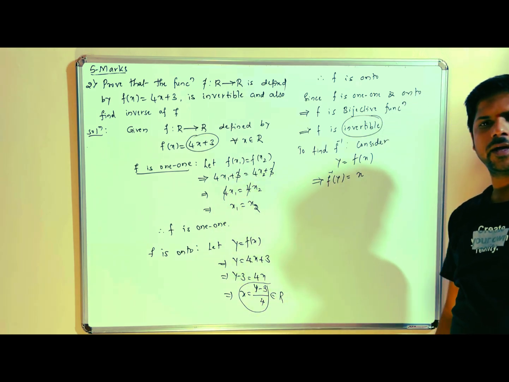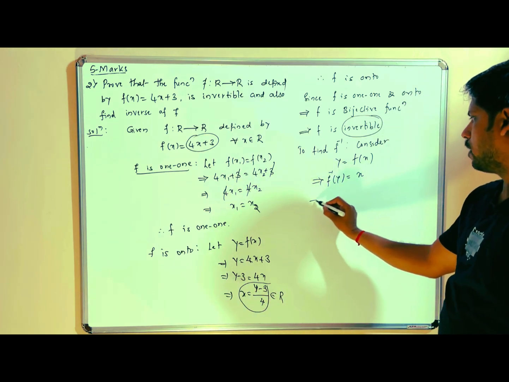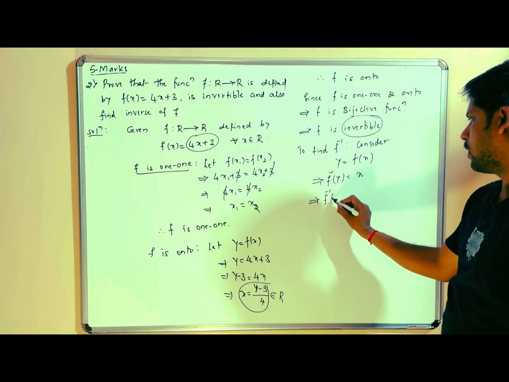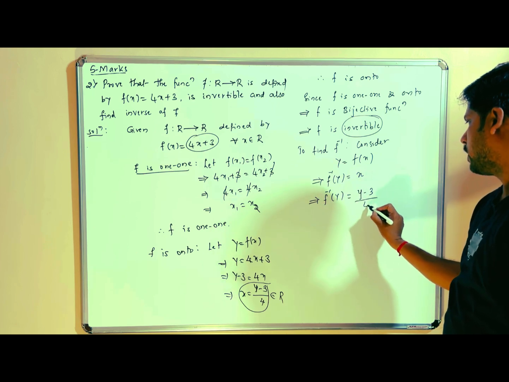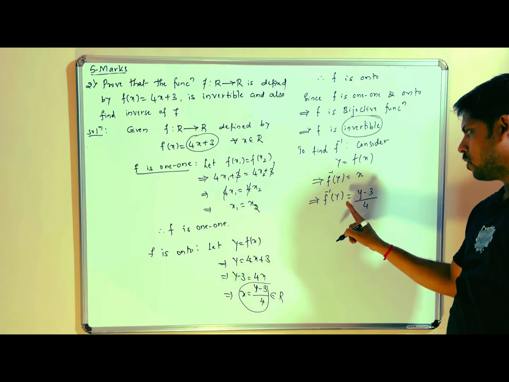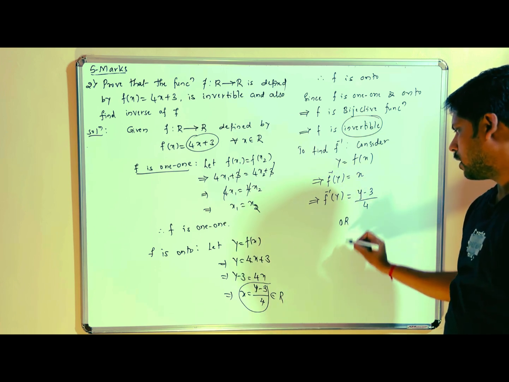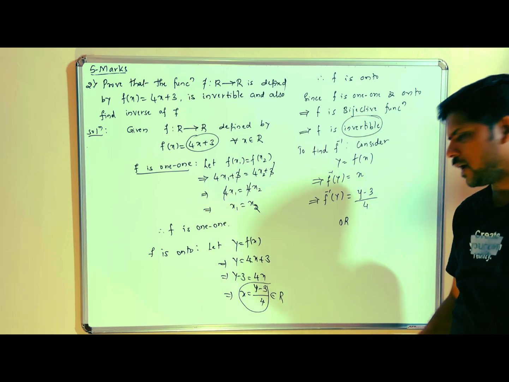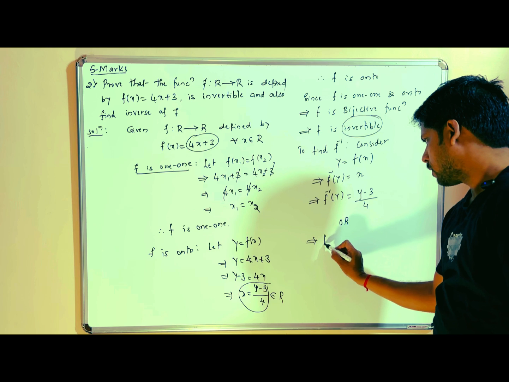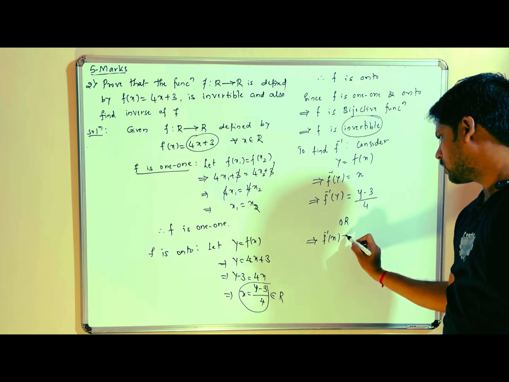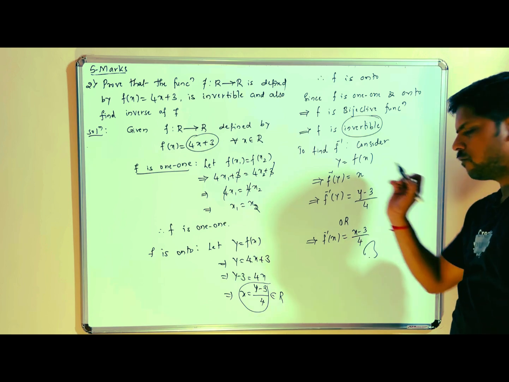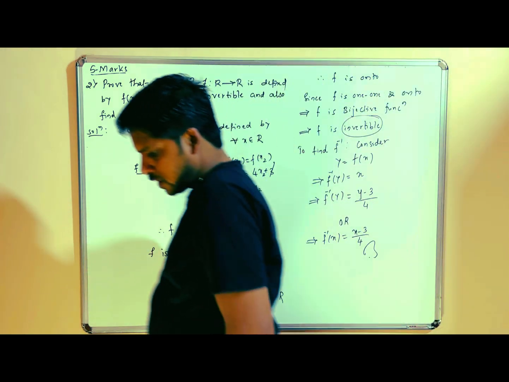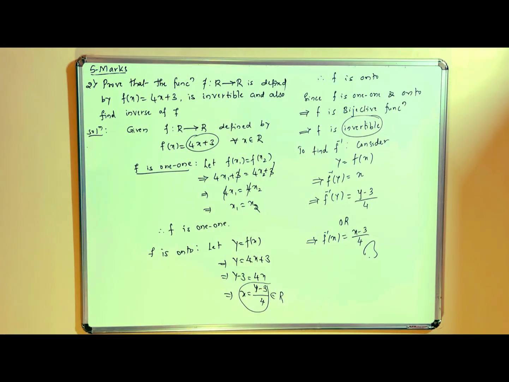That is, f inverse of y is equal to y minus 3 divided by 4. It is in terms of y, or if it is in terms of x, f inverse of x is equal to x minus 3 divided by 4.